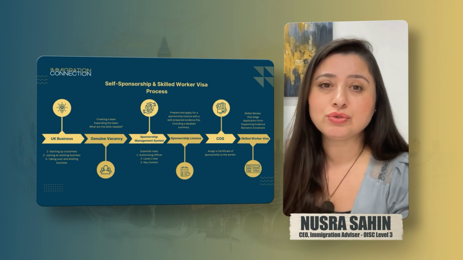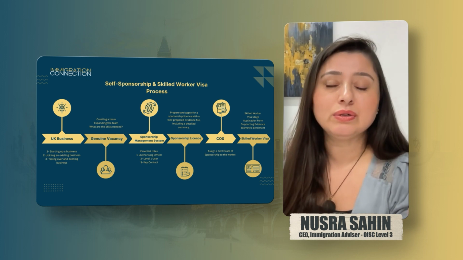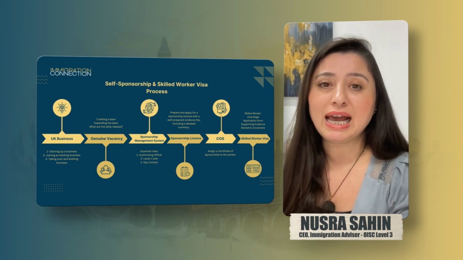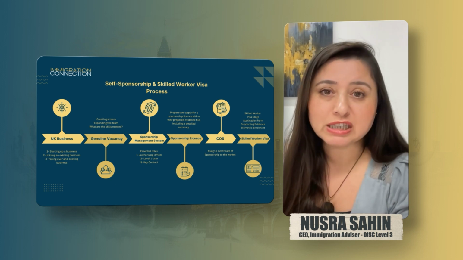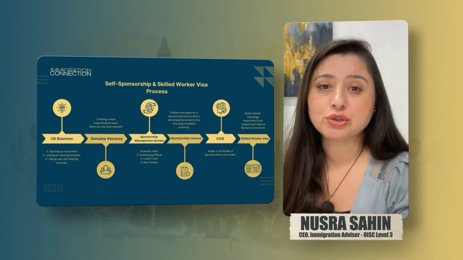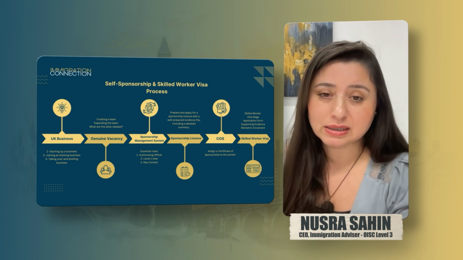So they want to understand what exactly is needed, and if the vacancy is genuine, and if the company, with all the structures and processes, will be able to handle the responsibility of a sponsor. This is what the Home Office wants to make sure of before it registers the company as a sponsor and gives you the license.